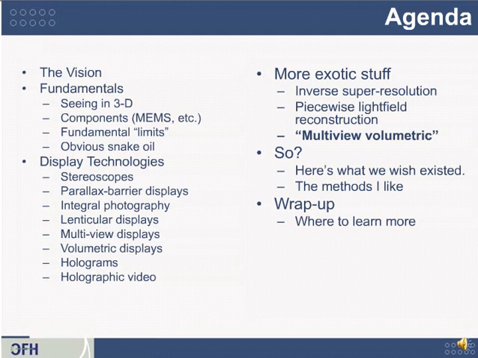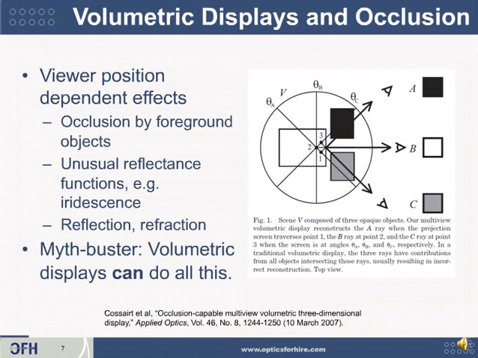So the next type of display is a relatively new entrant into the class of 3D displays, which one might call a multiview volumetric display. So what is the story with multiview volumetric displays? Well, for 30 or 40 years, people have claimed incorrectly that volumetric displays can never do occlusion.